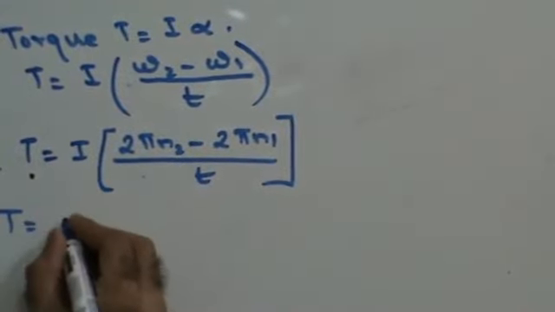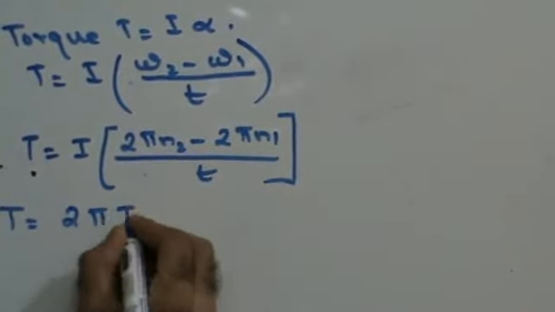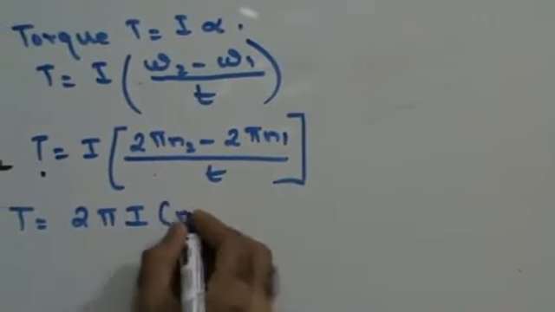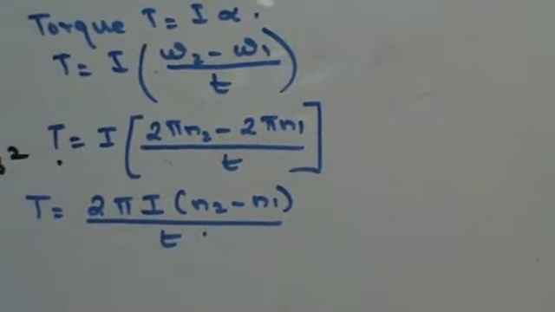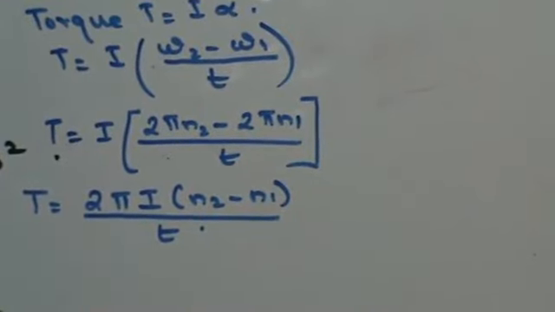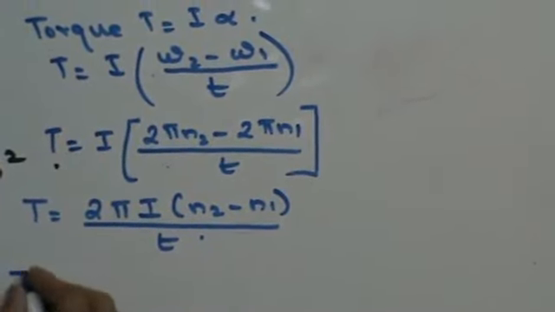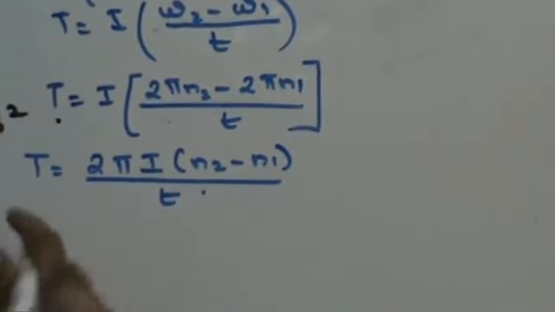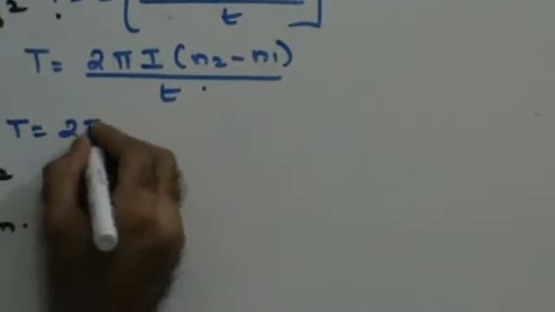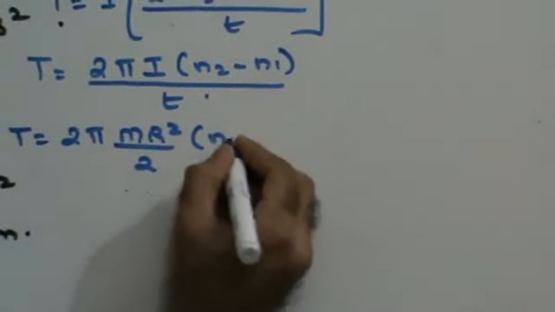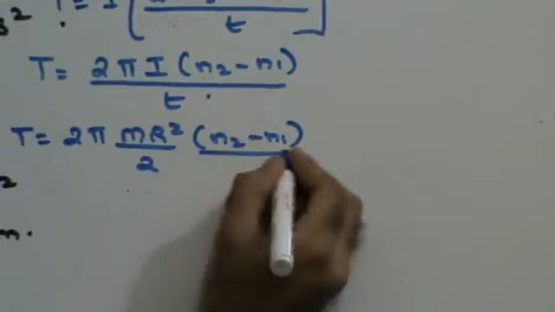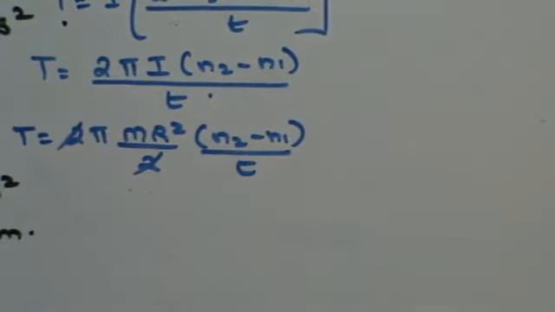So torque is equal to 2 pi I n2 minus n1 upon t. Now I can be written as mr square by 2. So torque will be equal to 2 pi mr square by 2 into n2 minus n1 upon t. 2 and 2 get cancelled.